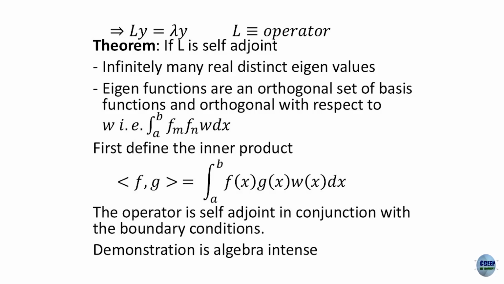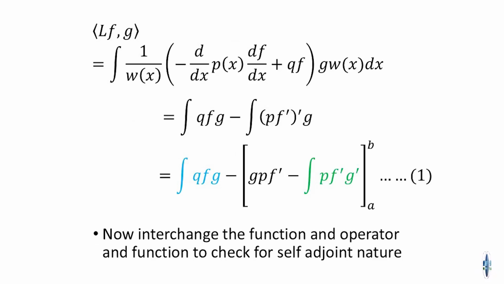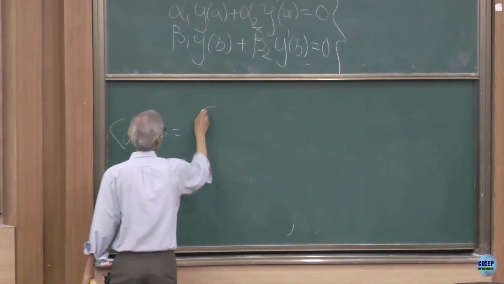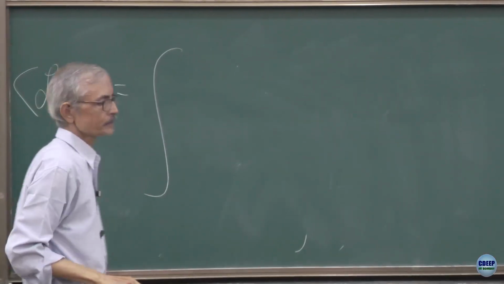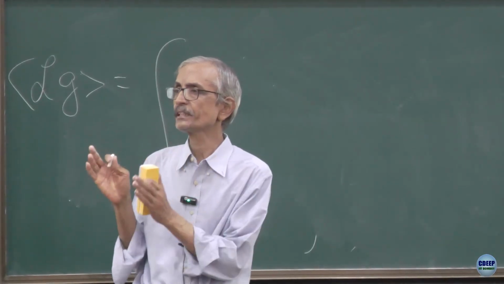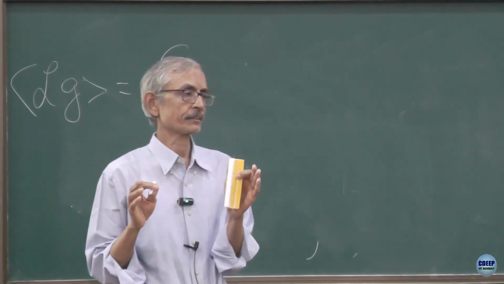The demonstration is a little bit algebra intense, so we are going to attempt to do something and try to show that they are self-adjoint. Okay. So that's my linear operator that I'm talking about. And the inner product now of L and G, the inner product now has that weight function in the definition. Okay.